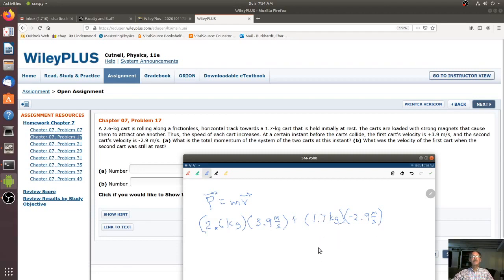What's the velocity of the first cart when the second cart was still at rest? Well, there's nothing but internal forces here.